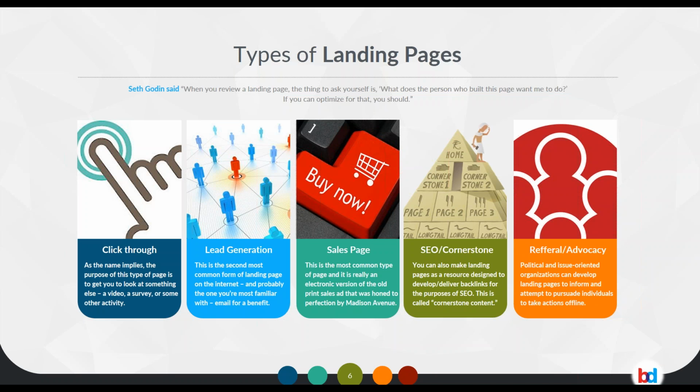Okay. The fourth type of page, which you may or may not have heard of, is really an SEO or cornerstone content landing page. Now, the idea for this type of landing page is to develop backlinks for SEO purposes.